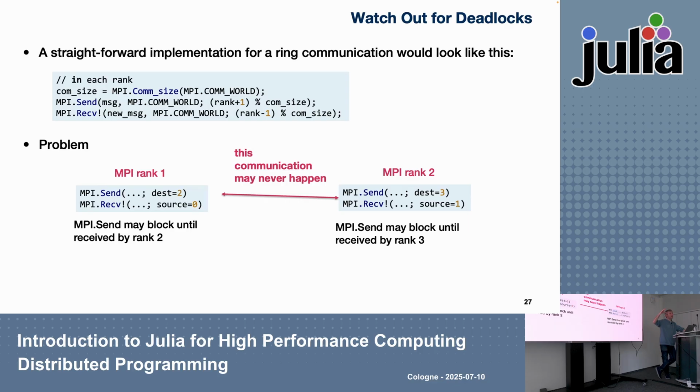But if every rank calls send and no one calls receive first, then it could happen that a block is happening, and then it will lock up. Because for this blocking to not happen, the receiver has to call receive. But since they themselves are blocked in the send call, all of the ranks basically are stuck in send.